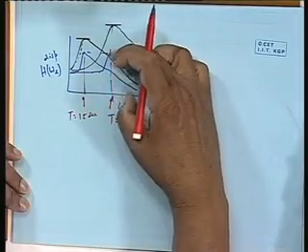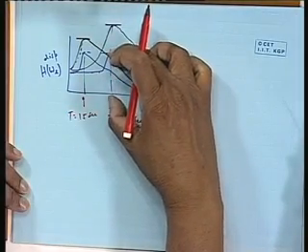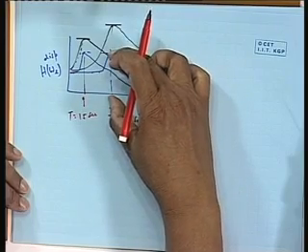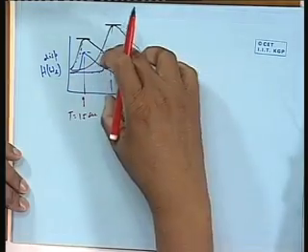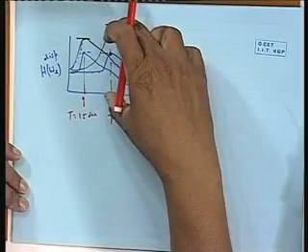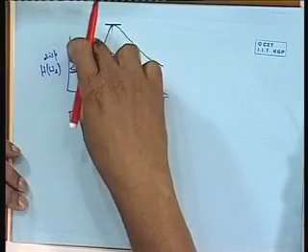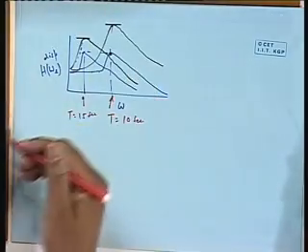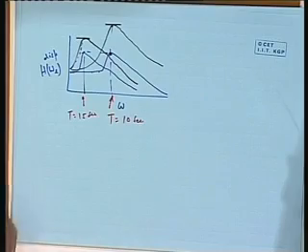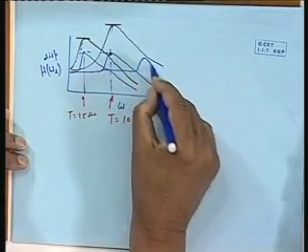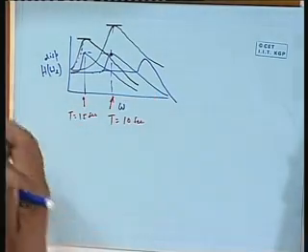Supposing I have a ship at T equal to 10 seconds with displacement of 1 meter, then I will have a certain amount of velocity, but if the same thing happened at 15 seconds, I have got a lesser velocity. And if this got shifted further, I would get the amplitude much more.